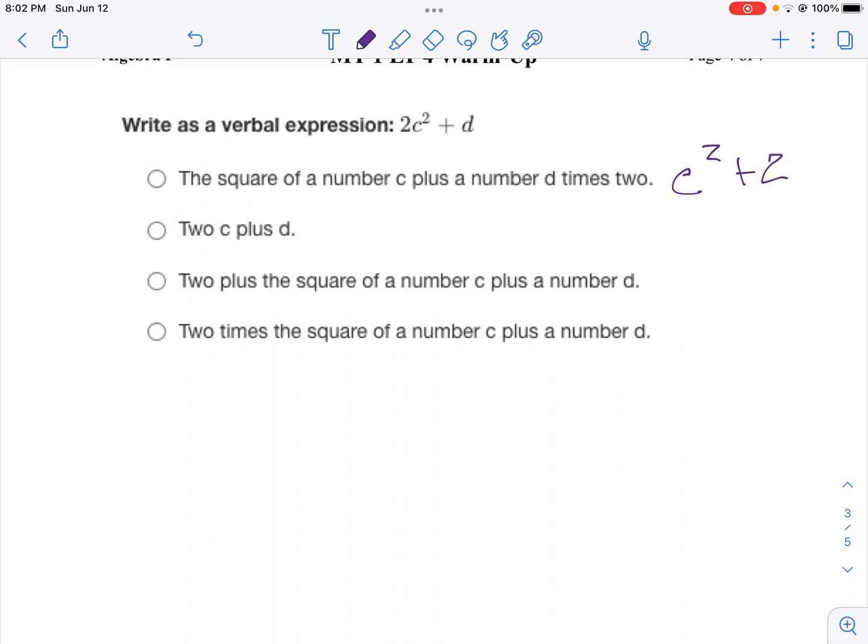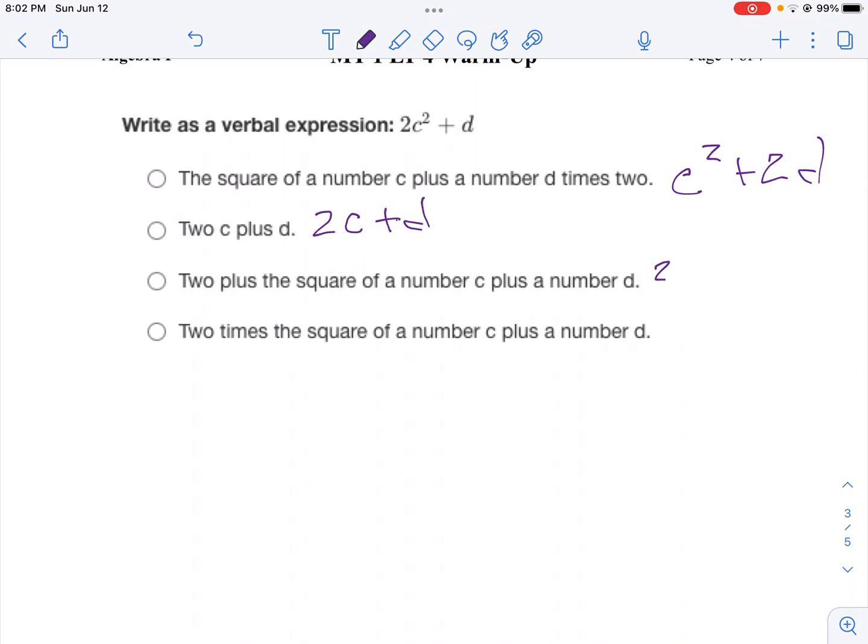I like to write the number first. But that's not our choice, is it? So that doesn't correspond. And then I have 2c plus d for the second one. That is not my choice because that doesn't have the square. 2 plus the square of a number c plus a number d.